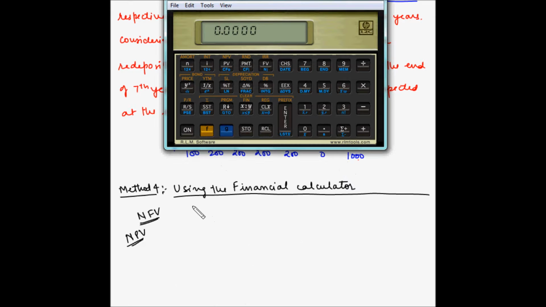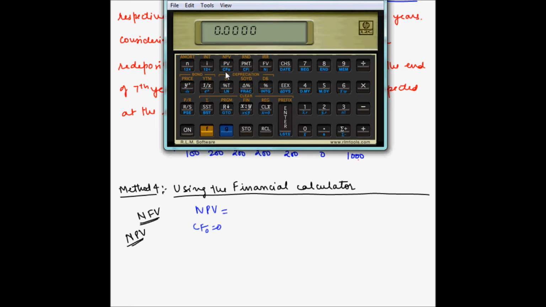Now first, in order to find out the net present value of this uneven cash flow, we need to enter the individual cash flows in chronological order into the cash flow register. So in our case, we have CF0, which is equal to 0, and then we'll continue with the cash flow as CFJ. So let's enter the cash flow values.